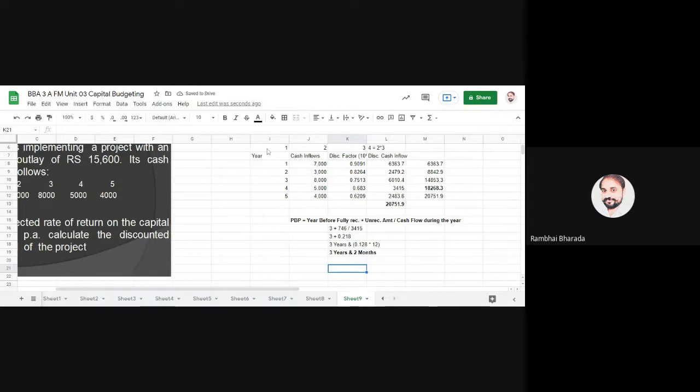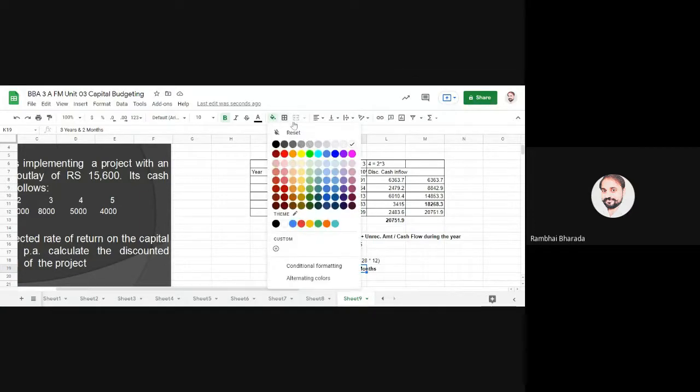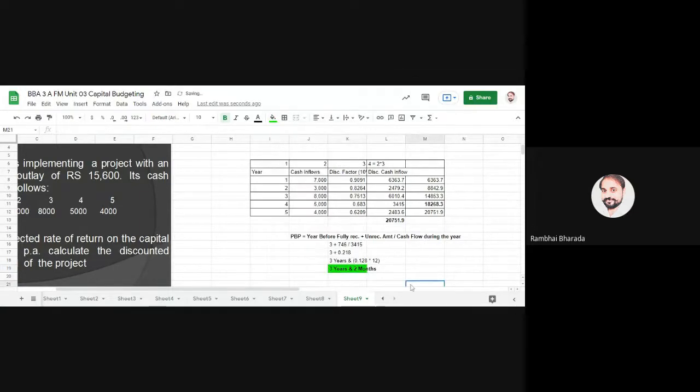Are we clear about this calculation? This type of practical question has more weightage as compared to previous questions. Again, I repeat the entire steps and table. First, prepare a year column in which you write the years. Here we have 1, 2, 3, 4. Maybe in the examination we have 2013, 14, 15, 16, 17.